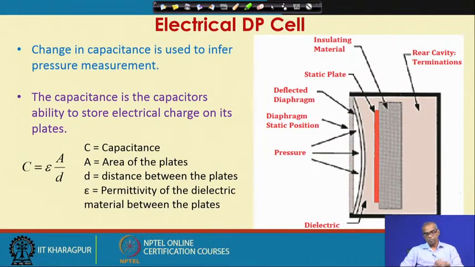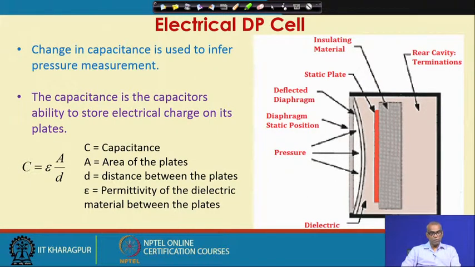Electrical DP cell. In case of an electrical DP cell, the output will be an electrical signal. A capacitance type transducer can be used here. Change in capacitance is used to infer pressure measurement.